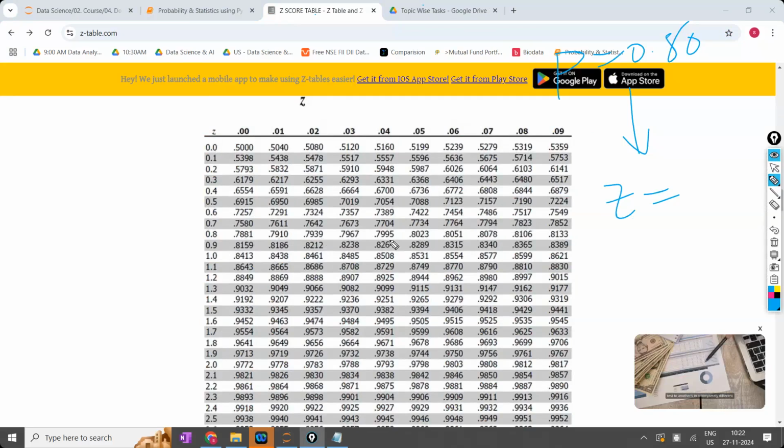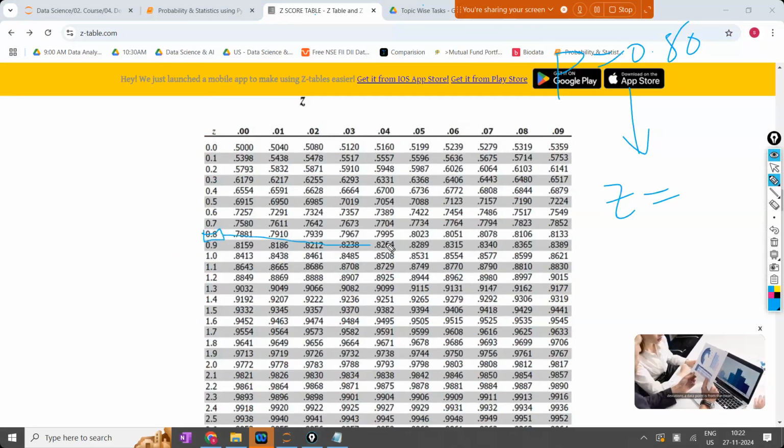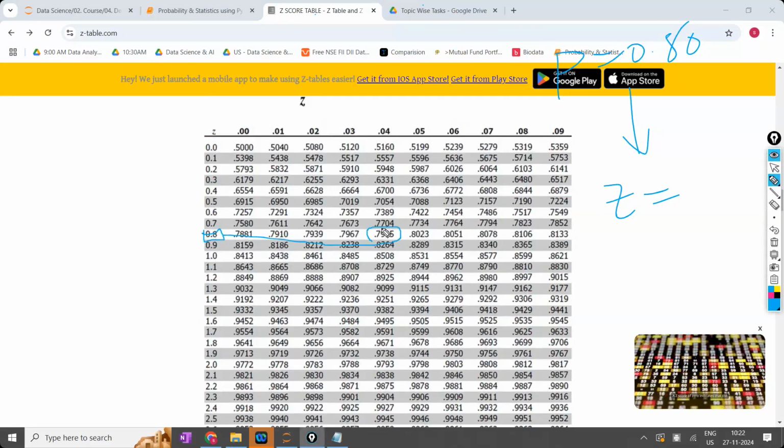So 7995 means the round figure is 0.80, or 0.8023 also is there. So it is the round figure of this one, which is 0.8, this one, 0.84.